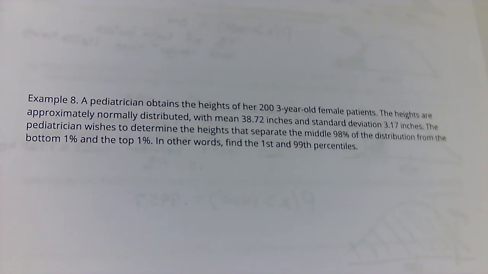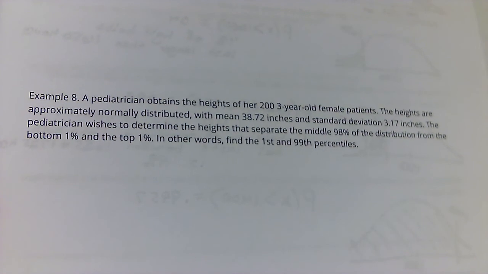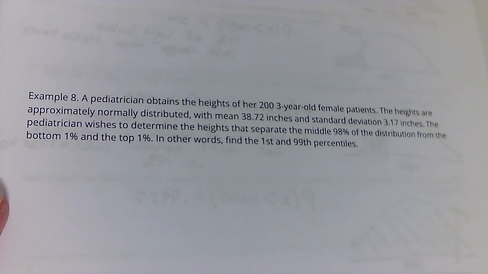Okay. A pediatrician obtains the heights of her 200 3-year-old female patients. The heights are approximately normally distributed, with a mean of 38.72 inches and a standard deviation of 3.17. The pediatrician wishes to determine the heights that separate the middle 98%.